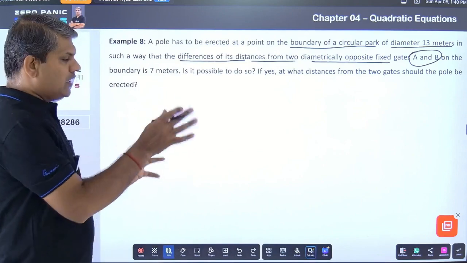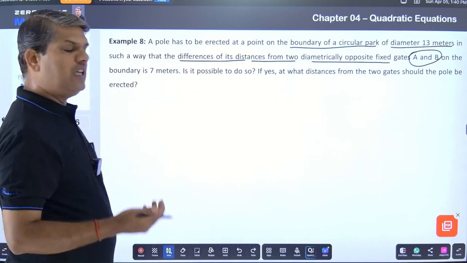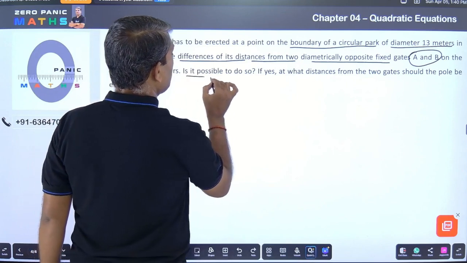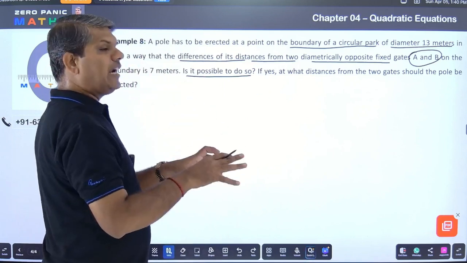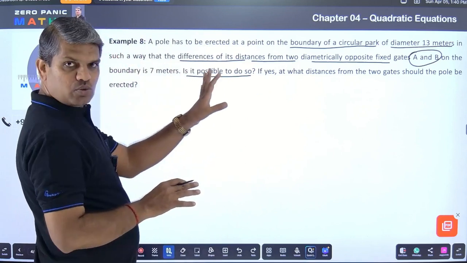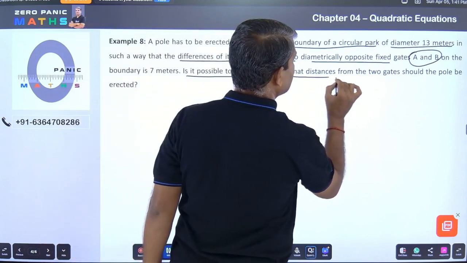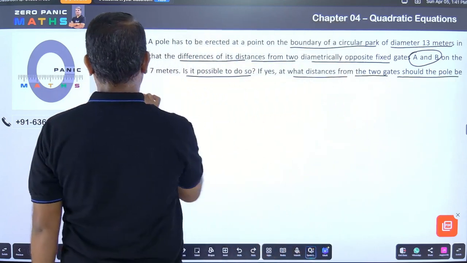Let me just draw that circle and explain the situation, and you will easily get it. They are asking, is it possible to do so? Is it possible to erect that pole in the given situation? That is the first question. If yes, then at what distance from the two gates should the pole be erected?